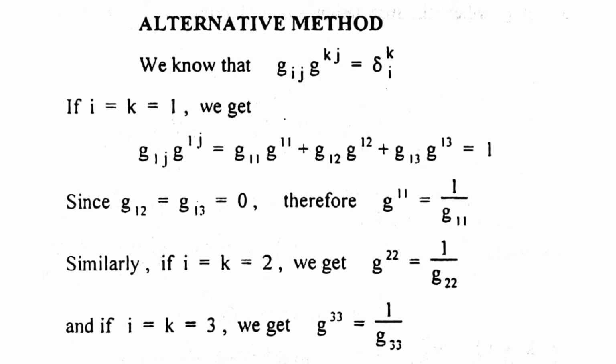Similarly, if i is equal to k equal to 2, our equation becomes g^2j g_2j, replacing j with 1, 2, 3, so it gives g^22 equal to 1 over g22. And if we replace i equal to k equal to 3, we get g^33 equal to 1 over g33.